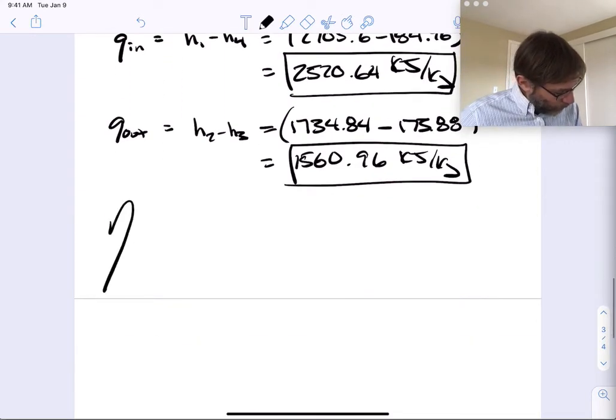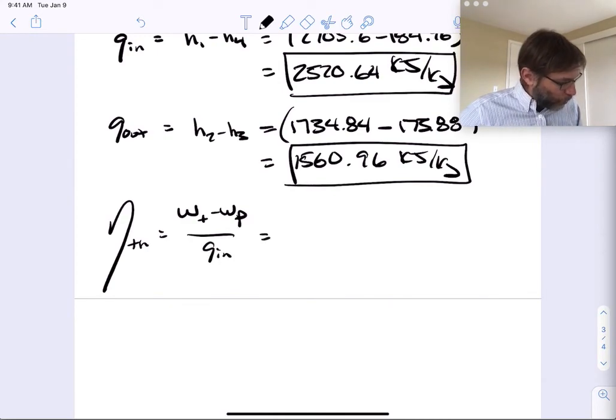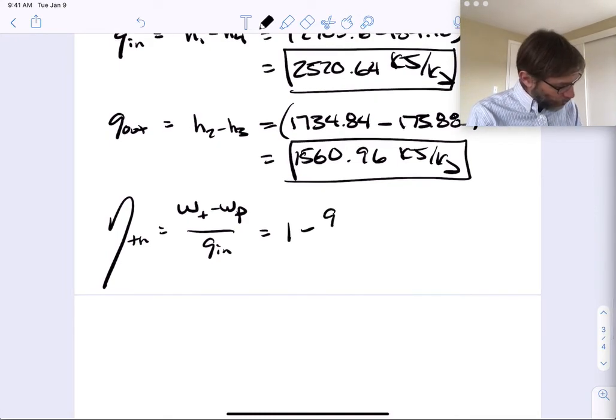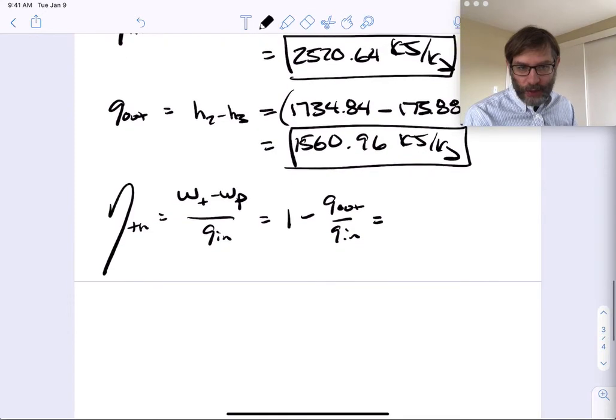Now, if we wanted to calculate the efficiency, which is work net, so work turbine minus work pump over Q in, which is actually equal to 1 minus Q out over Q in, if we use the first law, which we've done before. This is not new, okay?